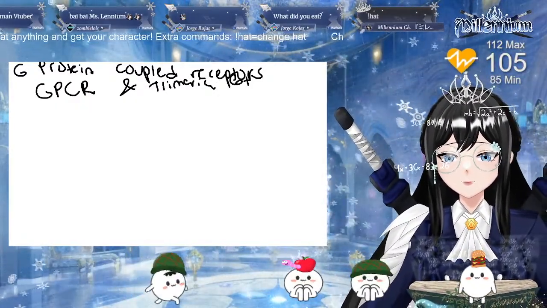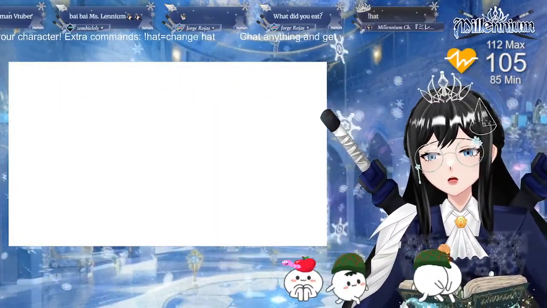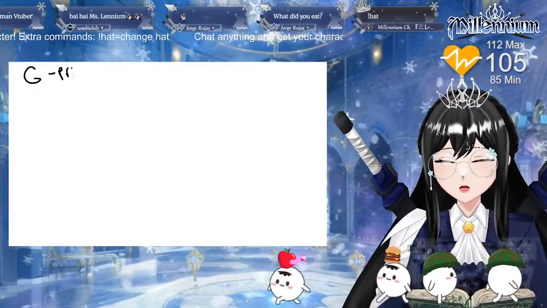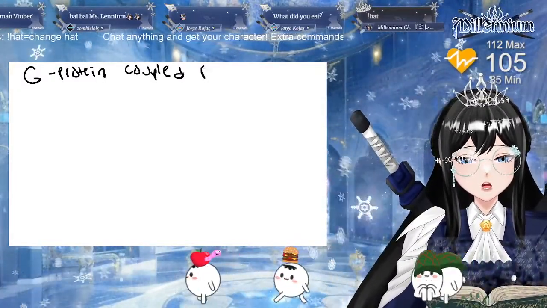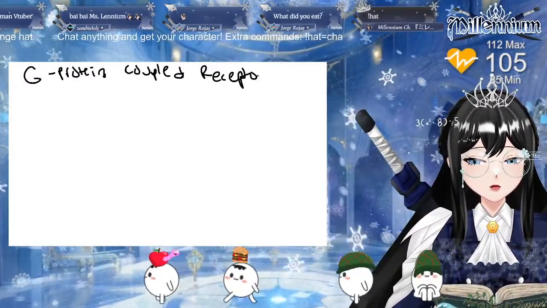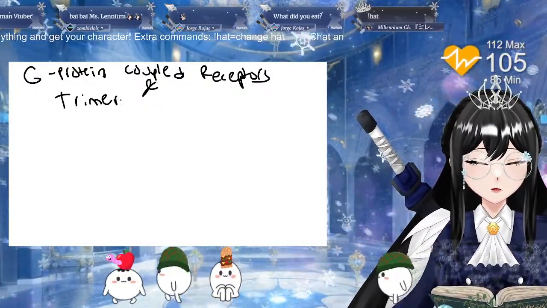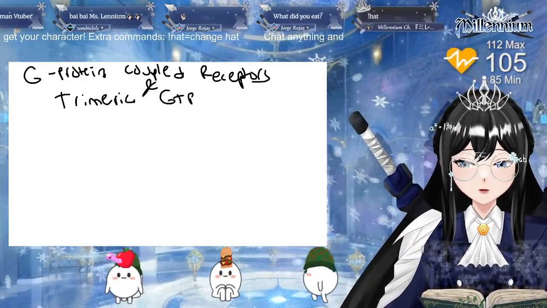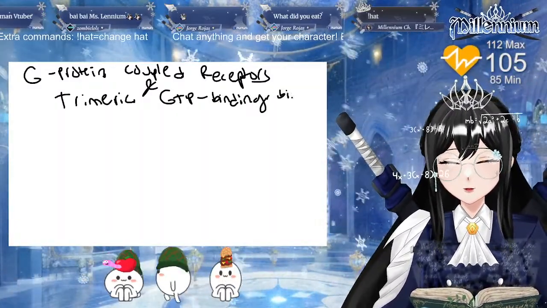Oh, the handwriting. Again, you have the G protein coupled receptors and trimeric GTP binding proteins. What is that?